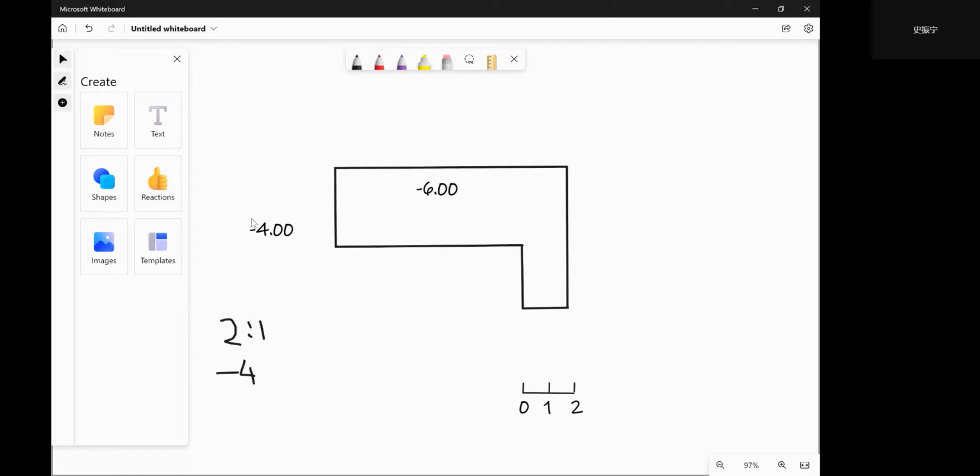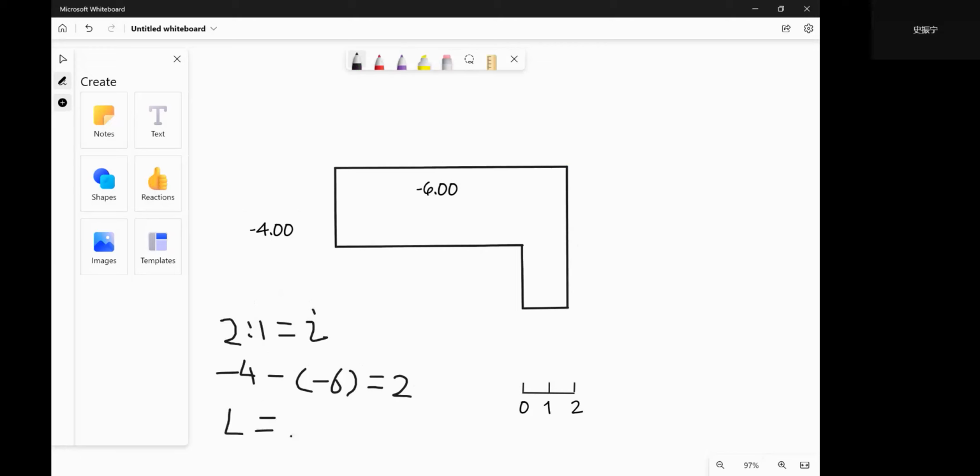You can see the difference of the elevation between minus 4 and minus 6 equals 2. And the slope is 2 to 1. So you can calculate the run is 1.